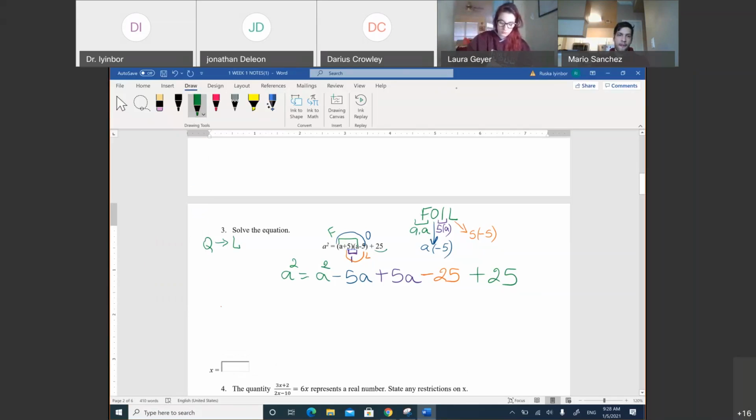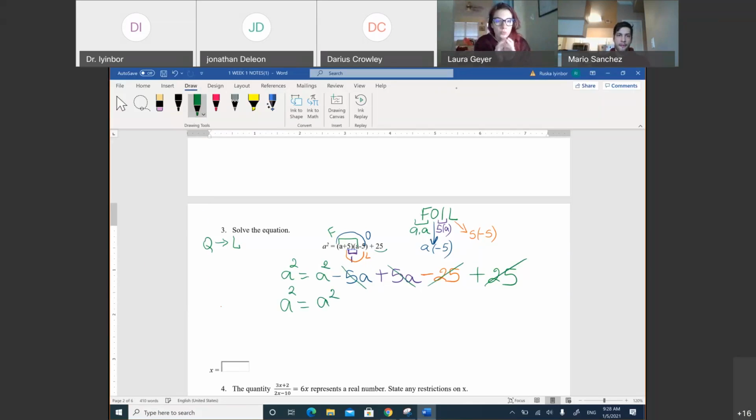We have 25 and 25. We're going to combine everything to see what happens. Negative 25 and 25 cancel, because 25 minus 25 is 0. The same way, 5a and negative 5a cancel to 0. So we're left with a squared equals a squared.